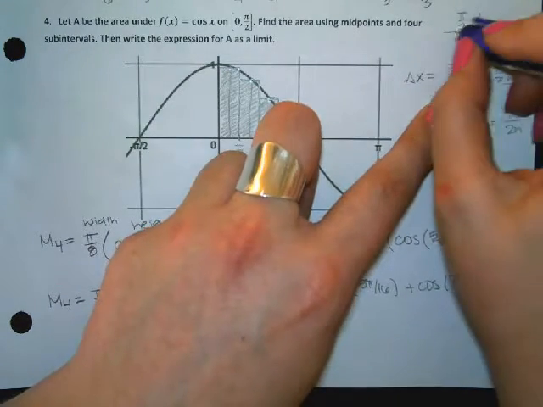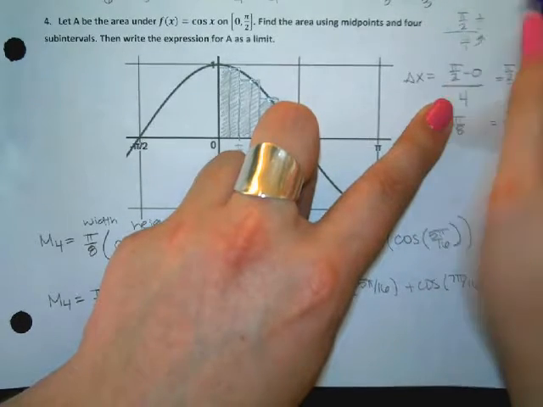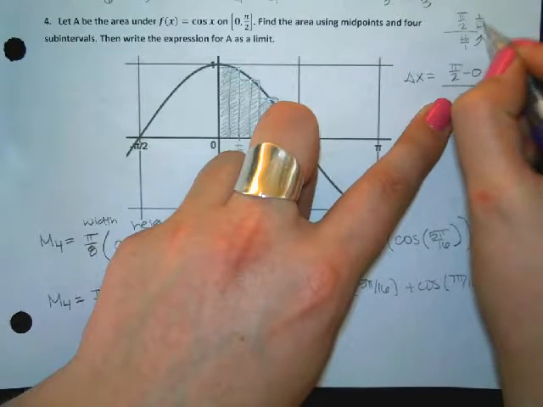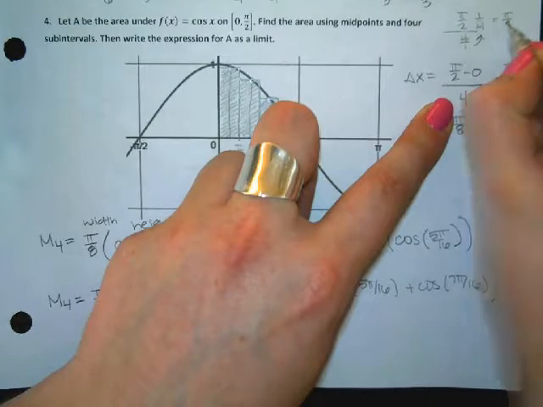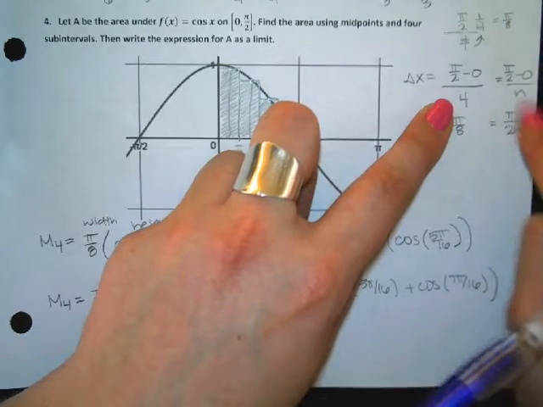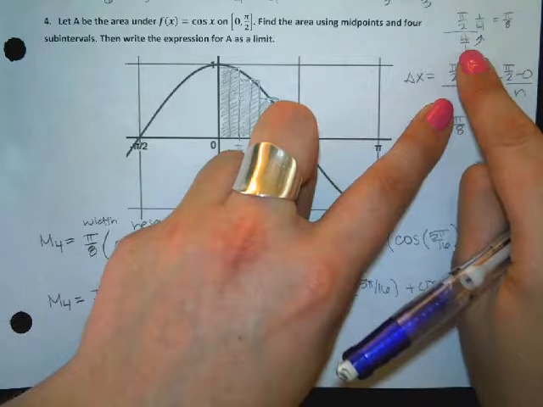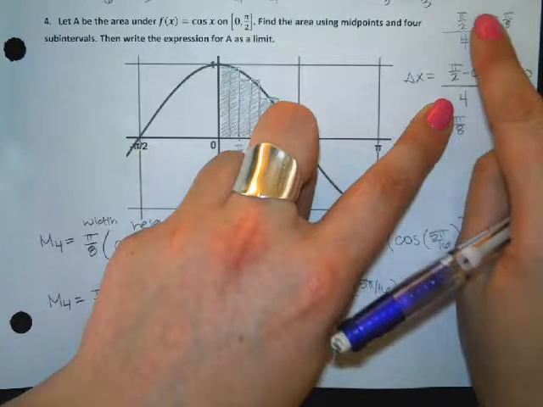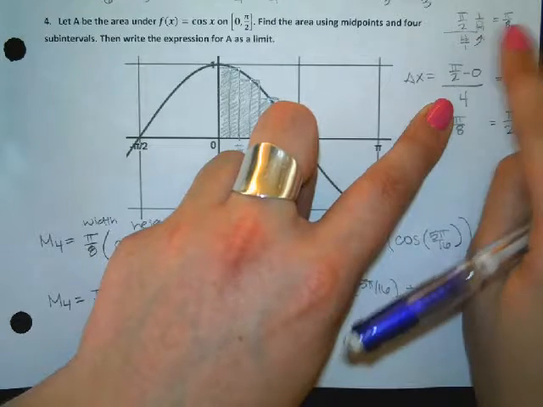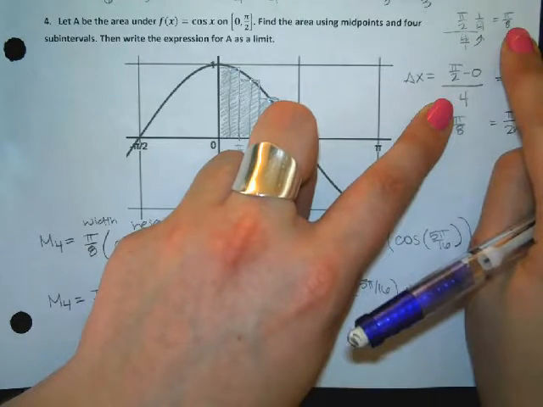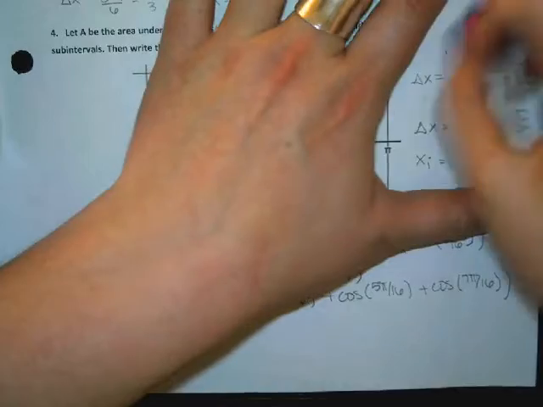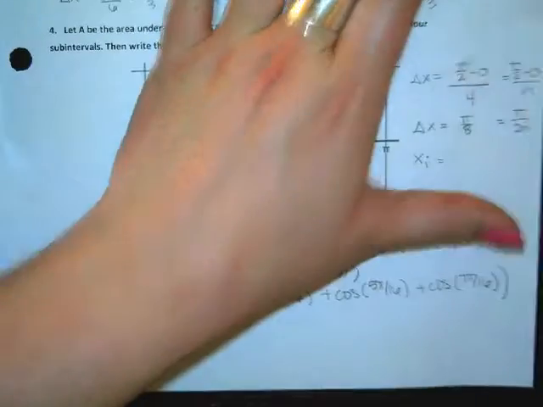Not divide by 8, divide by 4. And that's how we got pi over 8. So if we did it with this one, we could say pi over 2 divided by n over 1. And we could flip the n over 1 to have 1 over n. And that's how we get pi over 2n. Okay. So it works the same. All right, so that's that part.